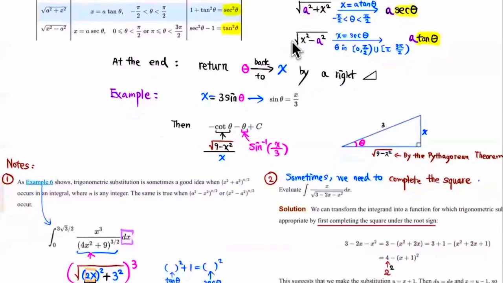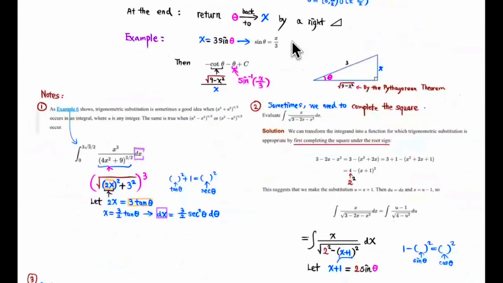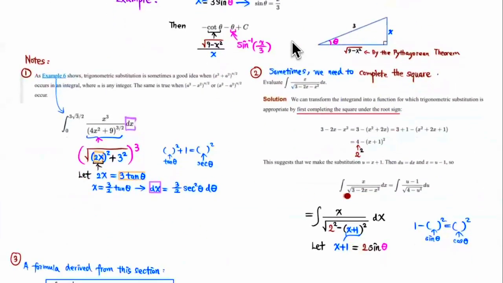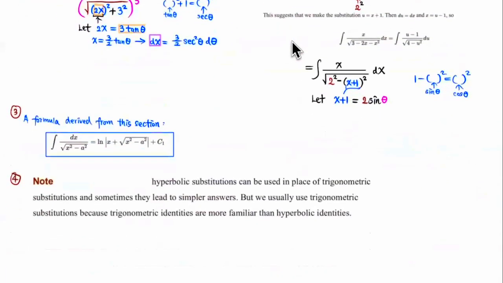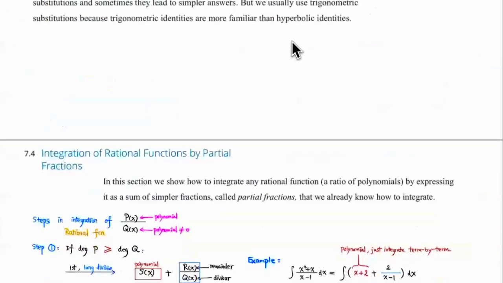For example, you can read the cotangent of theta from this diagram, and then theta here will be equal to inverse sine of x over 3. So we turn from theta back to x using the right triangle trig. And then I also gave more examples right here, you can take a look.